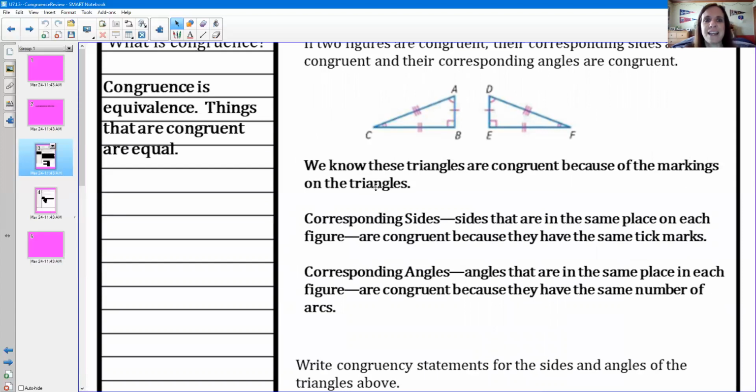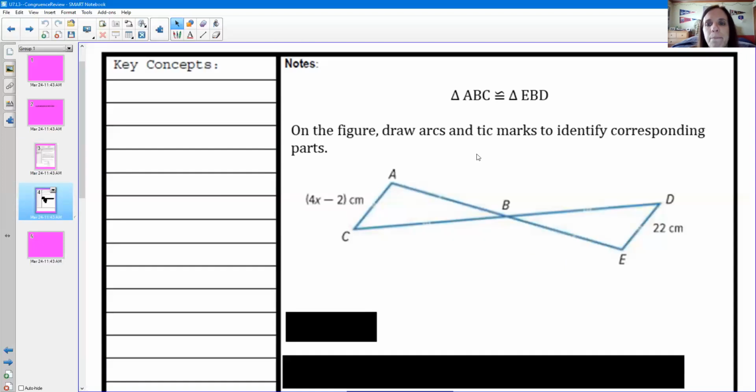All right, next slide. Now I have a picture, and I'm telling you that triangle ABC is congruent to triangle EBD. You're going to notice there aren't any markings. We're going to add those markings, which is why I left the screen like this today, so I'd be able to access my pens and use them. We'll see how this goes. All right, so let's start with corresponding sides.